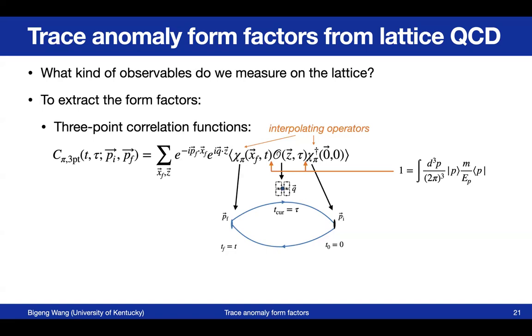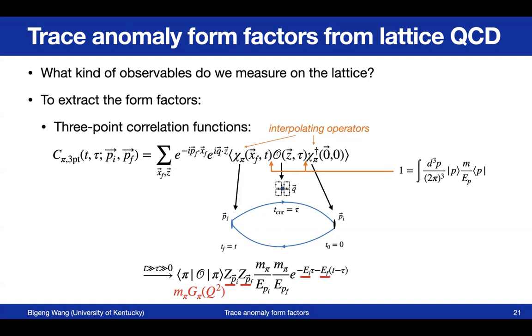We can see more clearly when we insert some intermediate states between these operators. In the limit where the source-sink time separation is very large, and the current is very far from the source or sink, this 3-point correlation function reduces to a relatively simple exponential, and we see that the form factor we are interested in appears here.